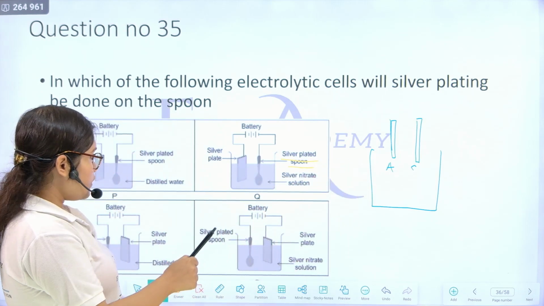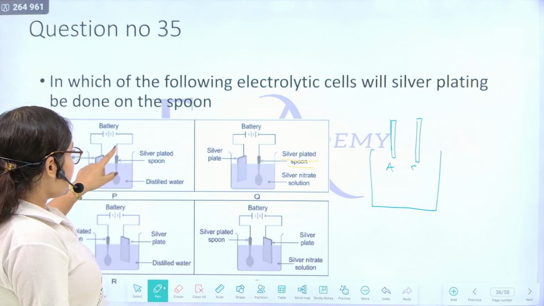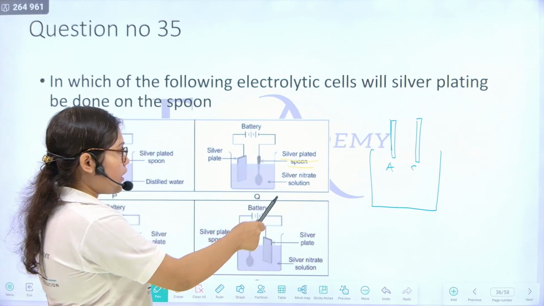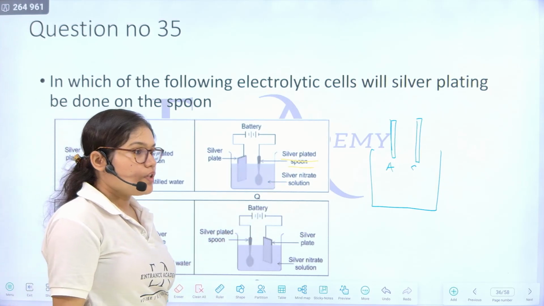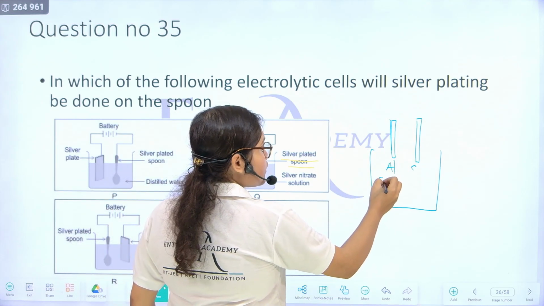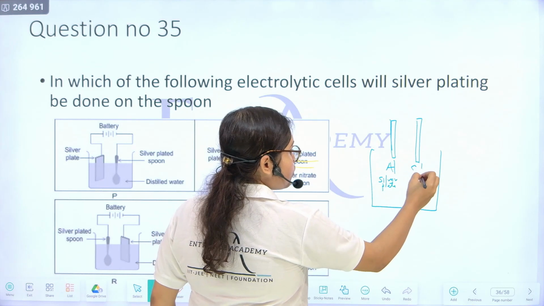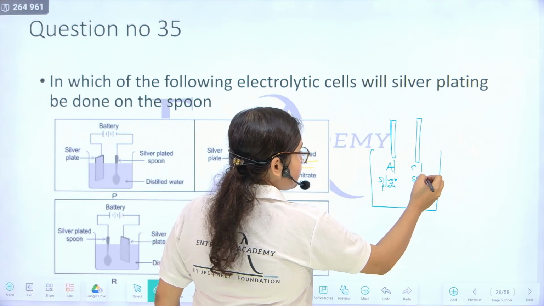So in this diagram, here is also the silver plate spoon at the cathode, here is also the cathode, and the silver plate we need to add at the anode. So here is the silver plate, and at the cathode you should add the substance or spoon here.